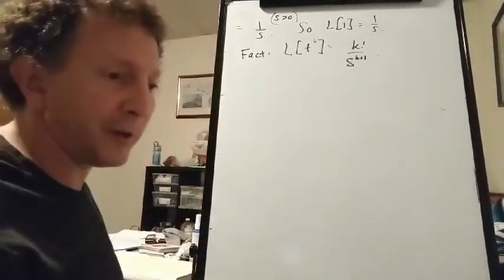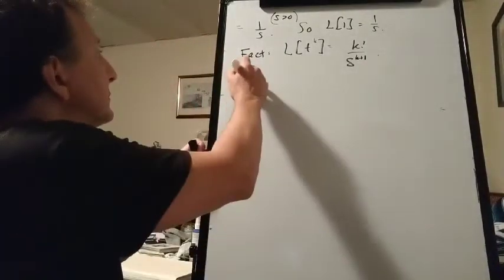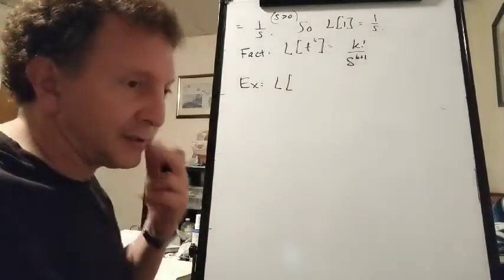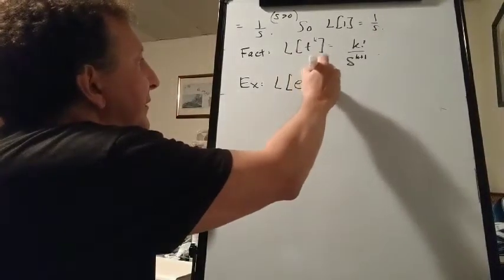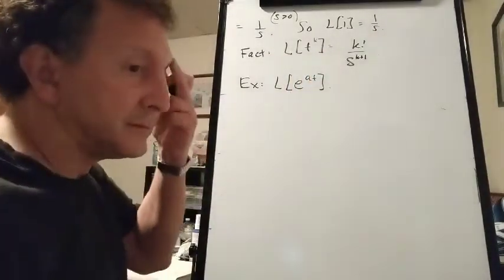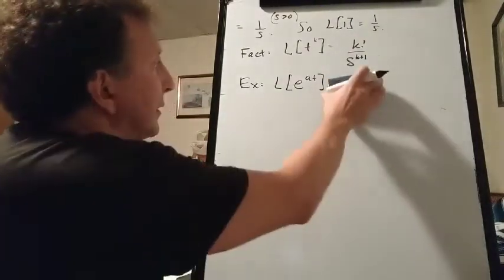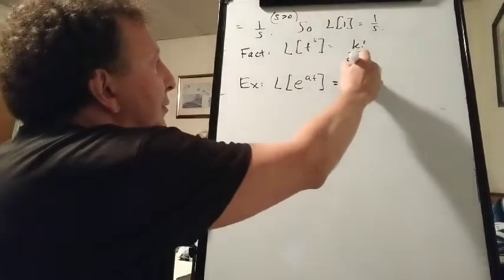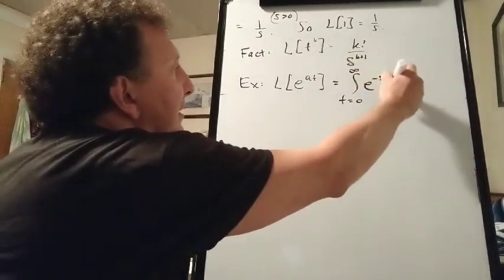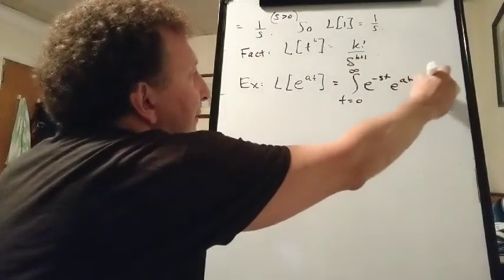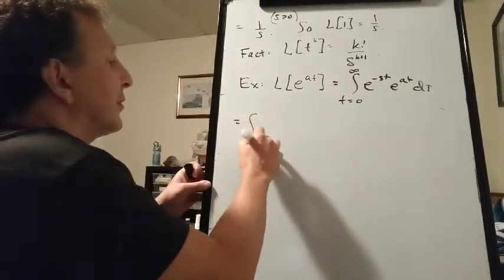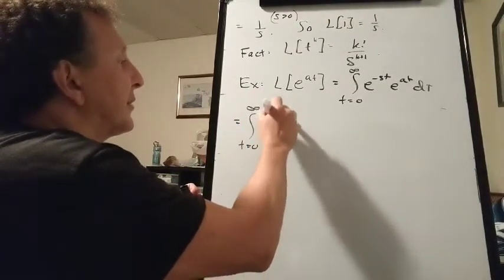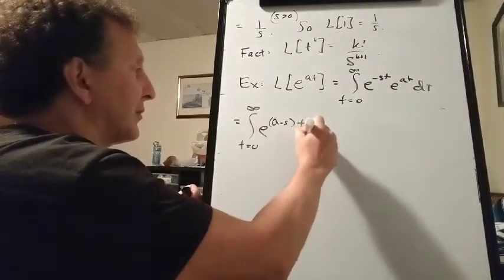All right, let's look at another example. Let's look at the Laplace transform of an exponential function, e to the at. So this is the integral as t goes from 0 to infinity of e to the negative st times e to the at dt, which is the integral of e to the a minus s t dt, just combining the exponential functions.